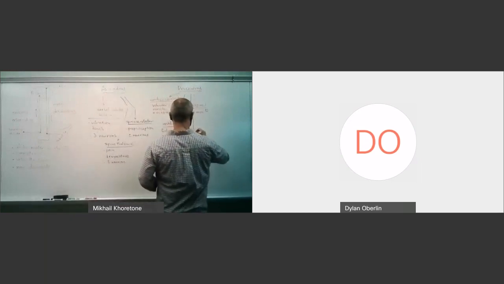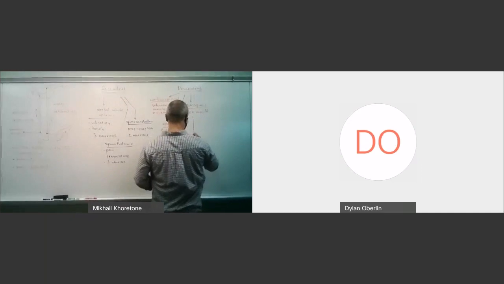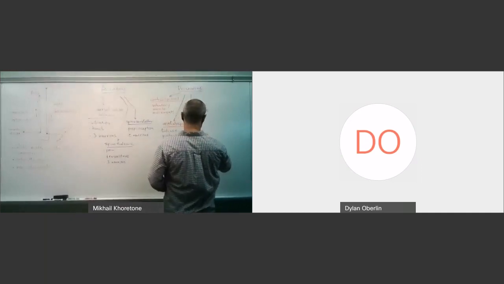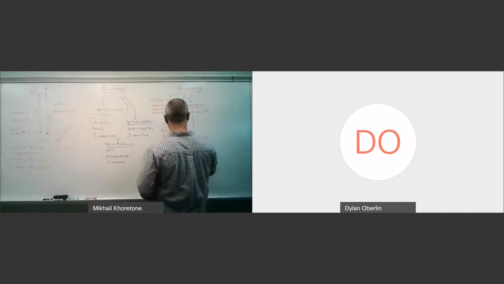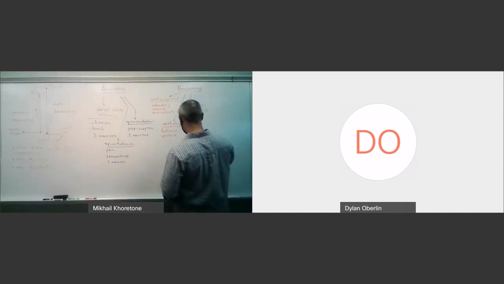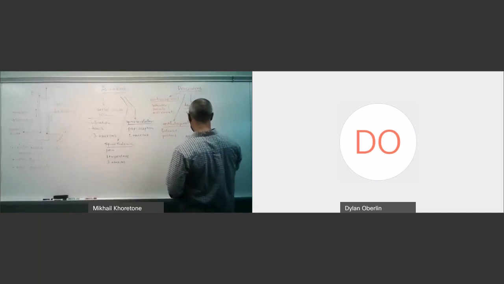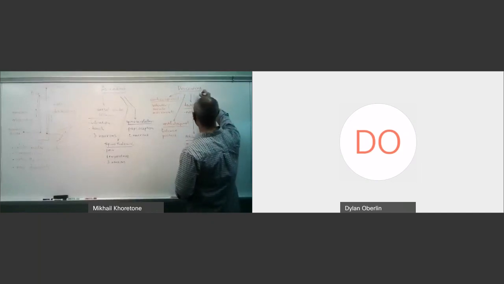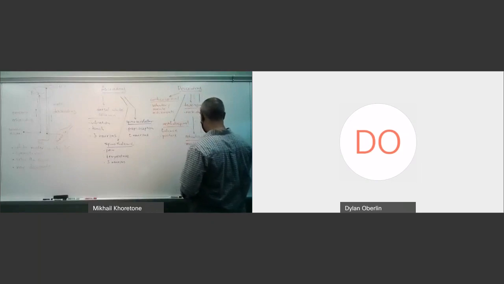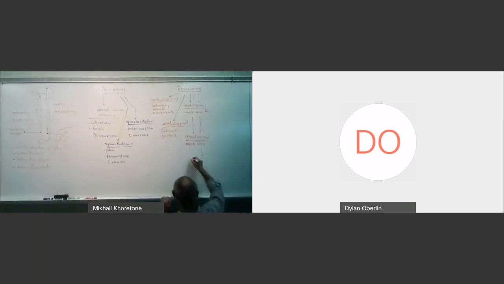And a couple of less important ones: reticulospinal, mostly muscle tone. And rubrospinal.